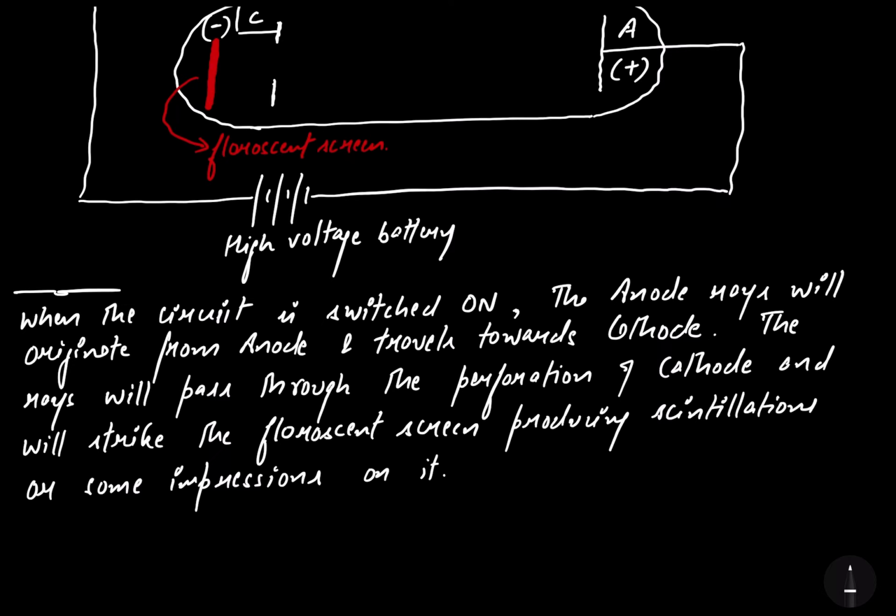The production of scintillations or impressions on the fluorescent screen confirms the presence of anode rays. This was the observation of Goldstein.